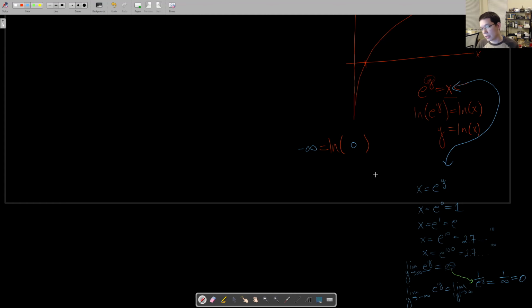And if you think about it, that makes sense, because no matter how big a number you put in for y, how big a negative number you put in for y, this will never be 0. It gets closer and closer to 0, but it never actually is 0. So the number 0 is not in the domain of ln.